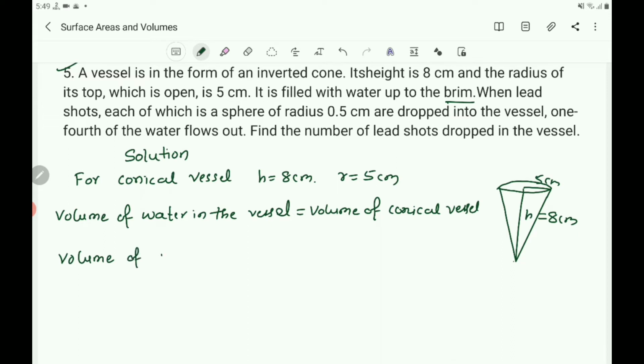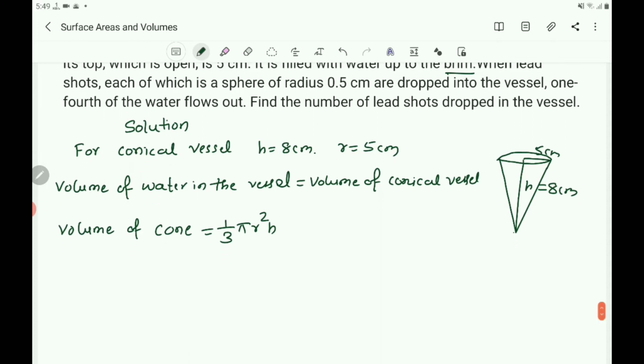Volume of cone. You know the formula to find the volume of the cone? That is 1/3 pi r square h. Volume of the cone equals 1/3 pi r square h. Then 1/3 into pi value 22/7 into r square is 5 into 5.